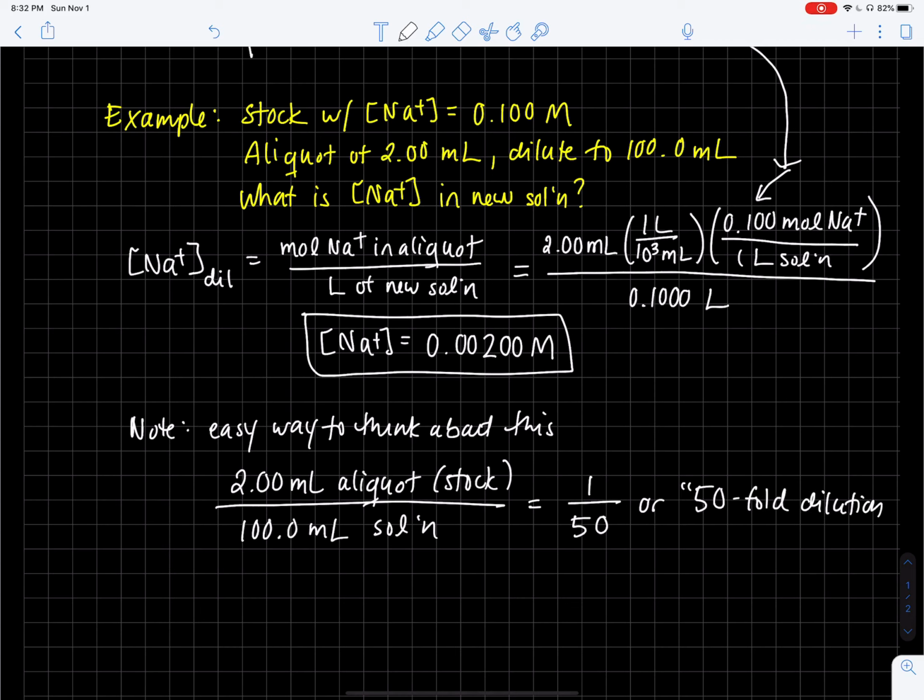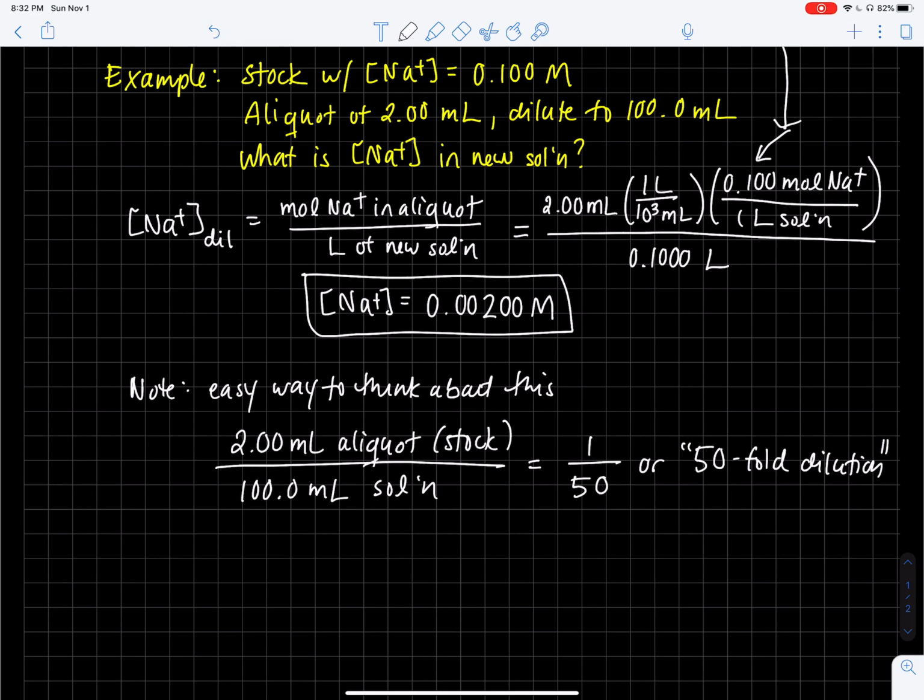We could reduce that to a fraction of 1 over 50, or what we call a 50-fold dilution. So if we take 2 milliliters of stock and dilute it to 100 milliliters, we're diluting the stock by a factor of 50.